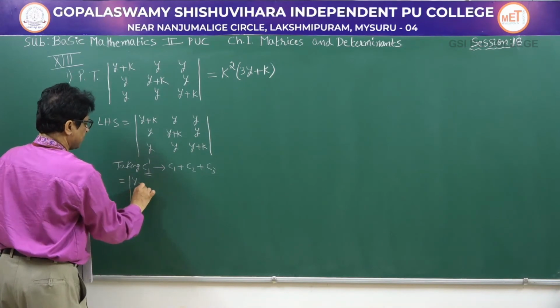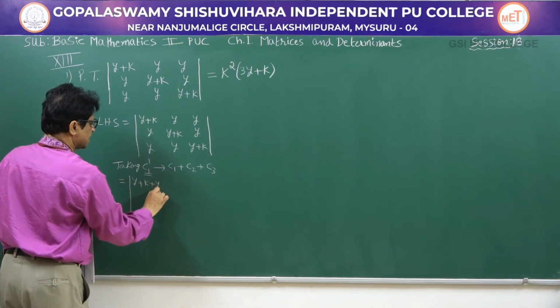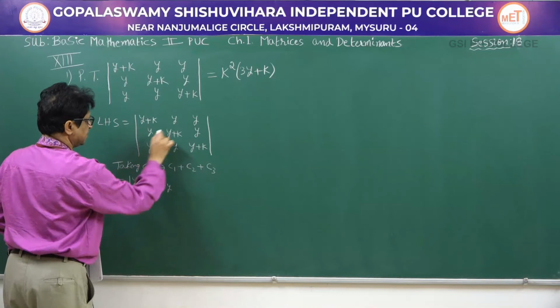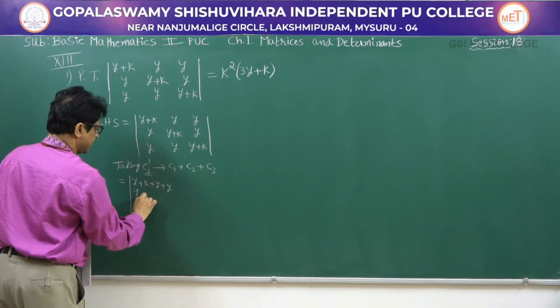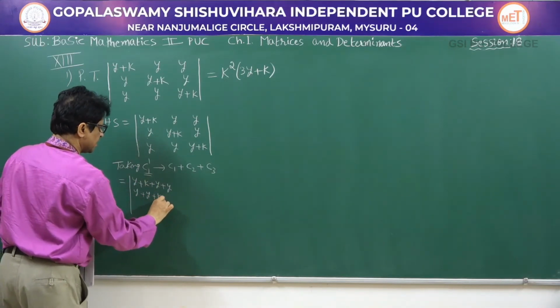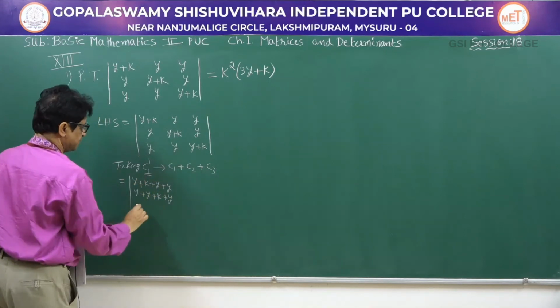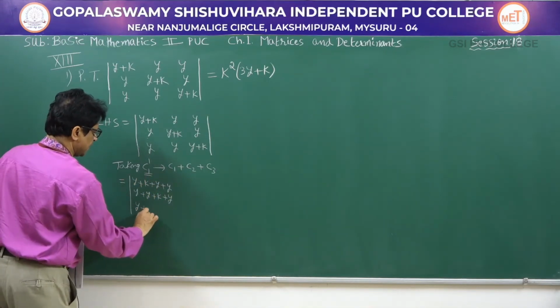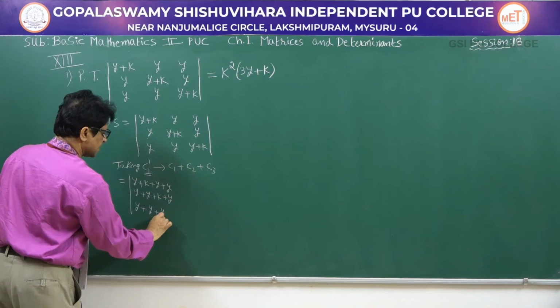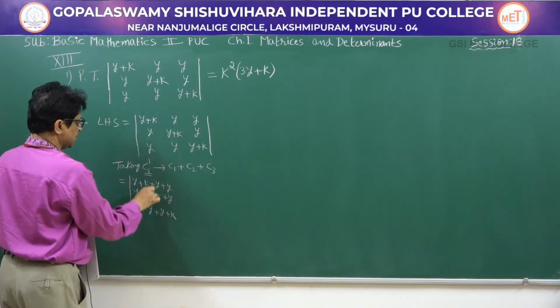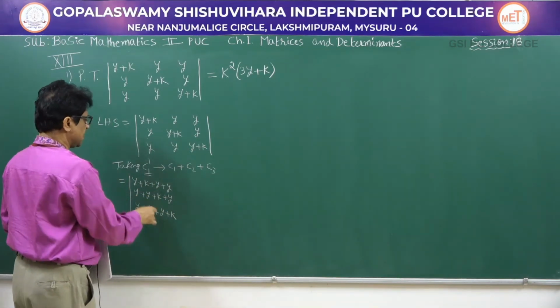So that is y plus k plus y plus y. Here y plus k plus y. Next will be y plus y plus y plus k. So the first column has been changed.